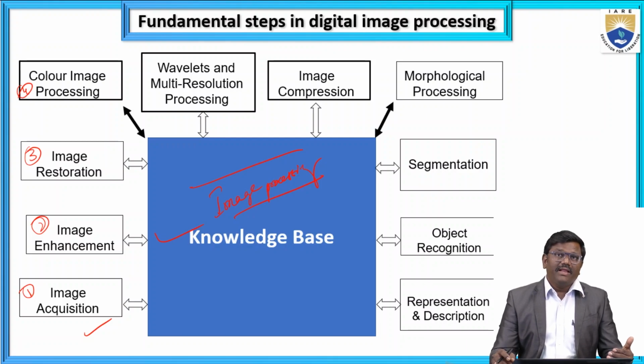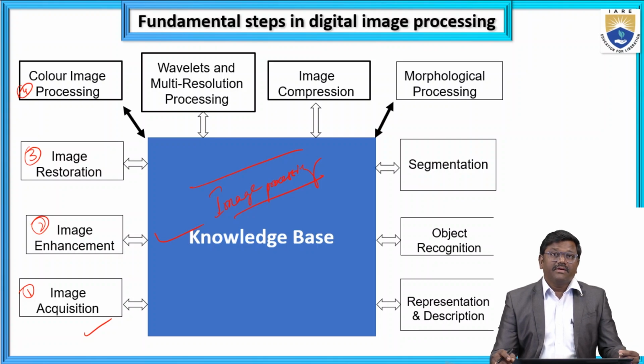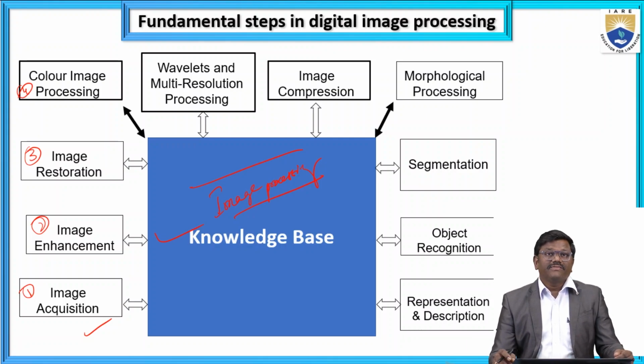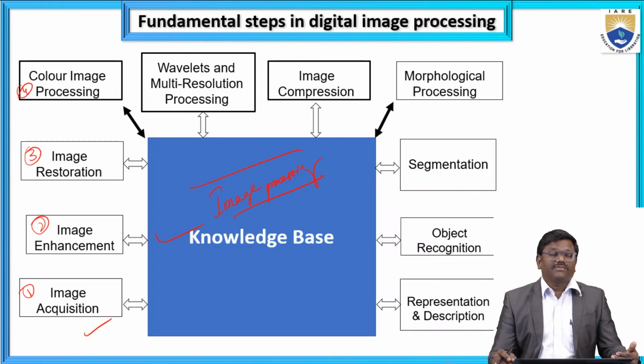Those are specialized. For example, when you are concentrating on image compression, we are going to apply image restoration and image enhancement also, and color image processing, which we want to define with the help of wavelets and multi-resolution processing.